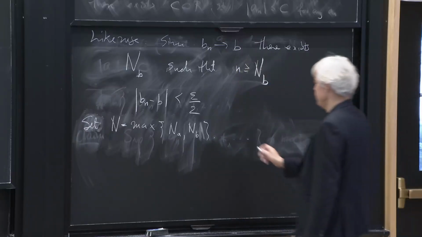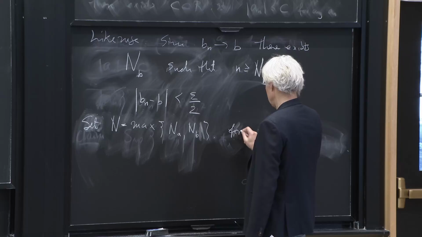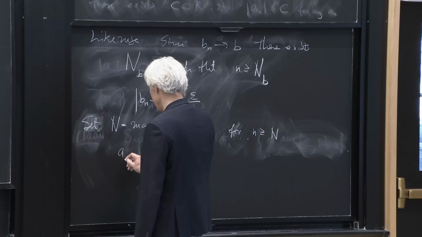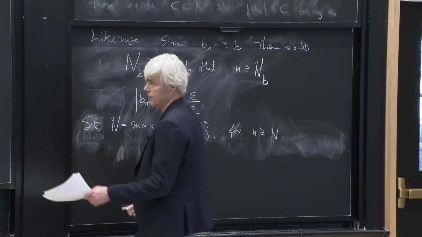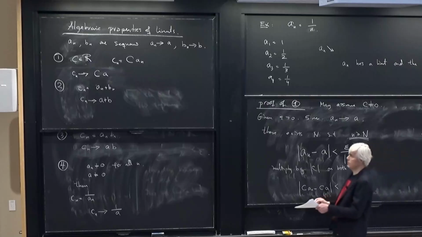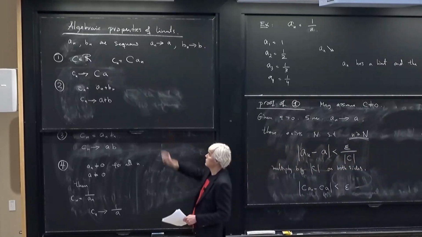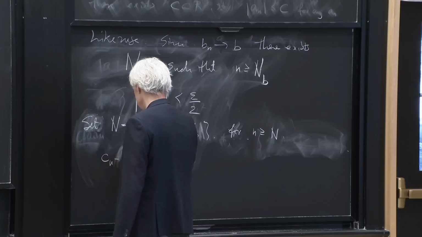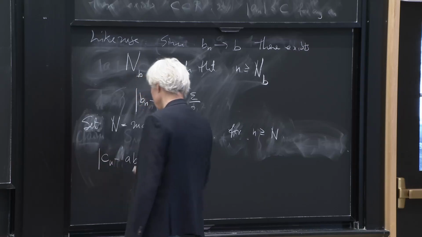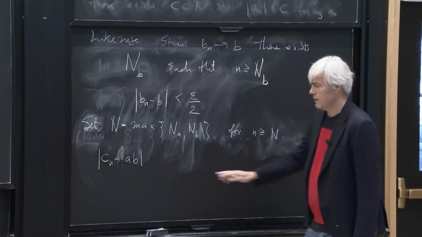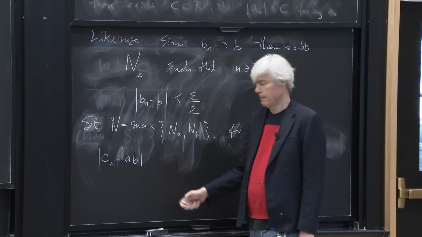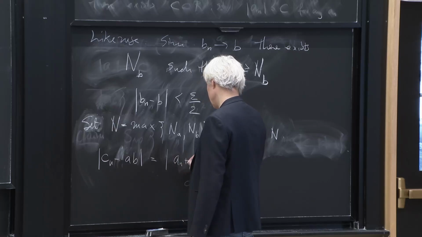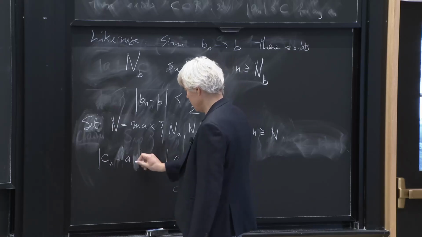Now for little n bigger than this capital N, we want to look at our sequence Cn, which was the sum of these two, right? So this here was Cn. So we want to look at |Cn minus (A plus B)|, and we want to prove that if little n is bigger than this capital N, then this is strictly less than epsilon, right? But Cn was by definition An plus Bn. Sorry, this was not the product, it was a sum.